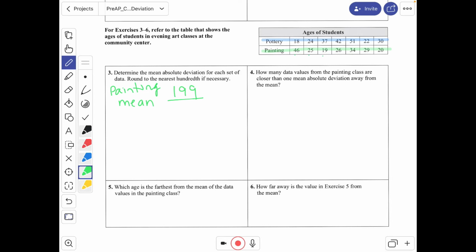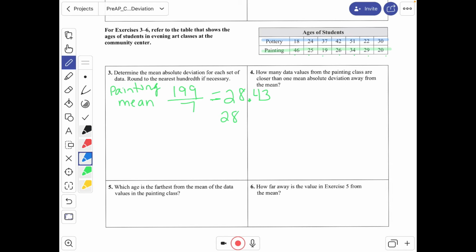Divided by, there's 7 numbers in the set. So 199 divided by 7 equals about 28, and it says round it to the hundredth, so that would be 28.43. I'm going to go ahead and round it to 28. Okay.